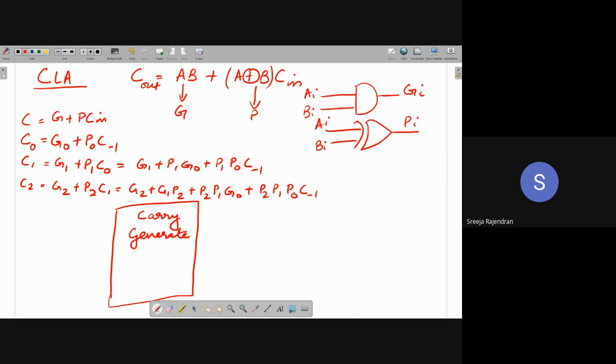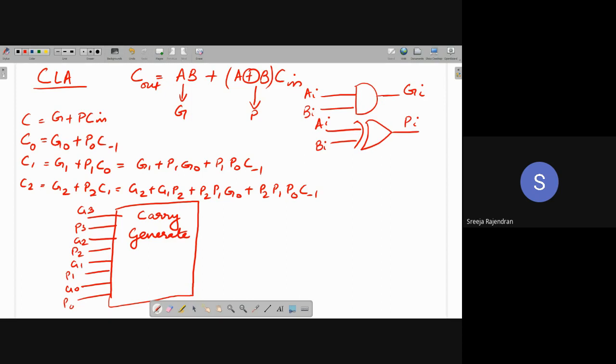In carry generate, what do I need? I need all these: G3, P3, G2, P2, G1, P1, G0, P0.